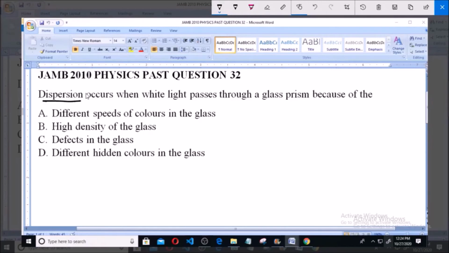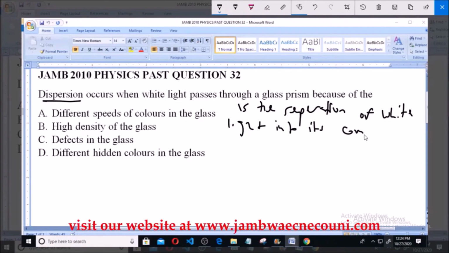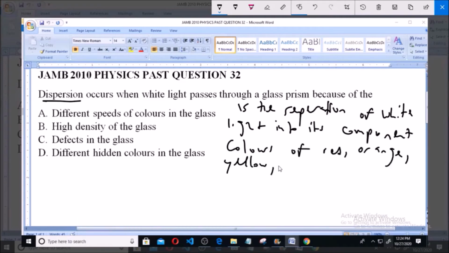So the concept we're looking at here is dispersion, and dispersion is the separation of white light into its component colors of red, orange, yellow, green, blue, indigo, and violet.